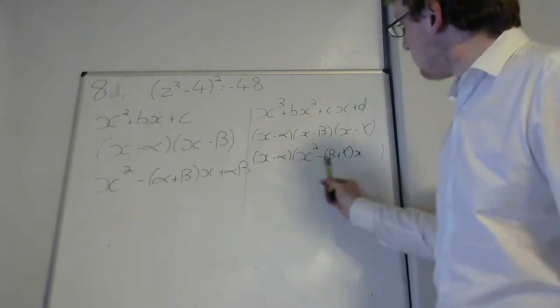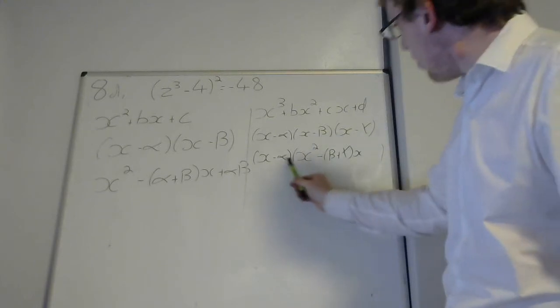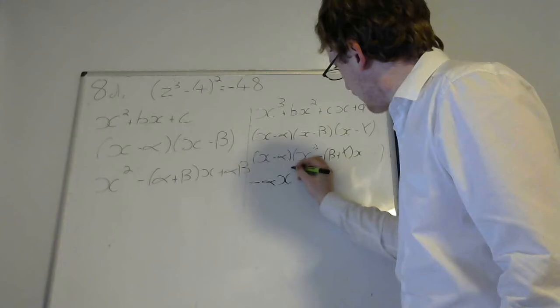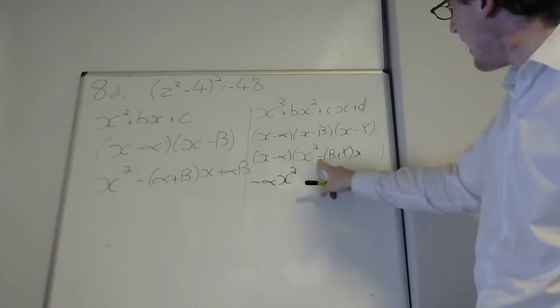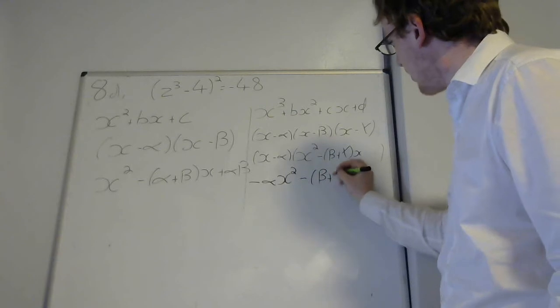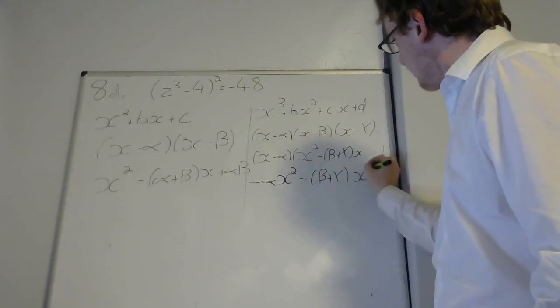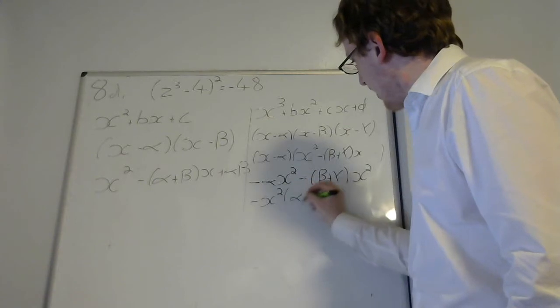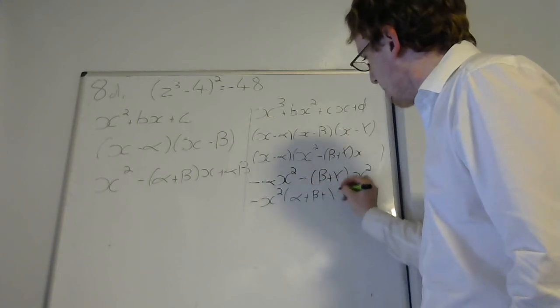If I were to expand this out, I'd get minus alpha x squared, and then x squared times minus, in brackets, beta plus gamma. So minus beta plus gamma x squared. And if I factorise out the minus x squared, I get alpha plus beta plus gamma.